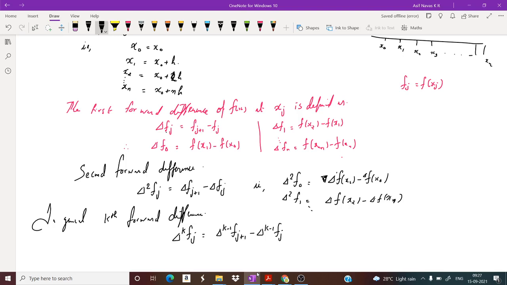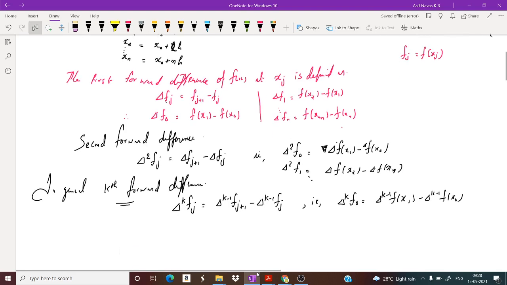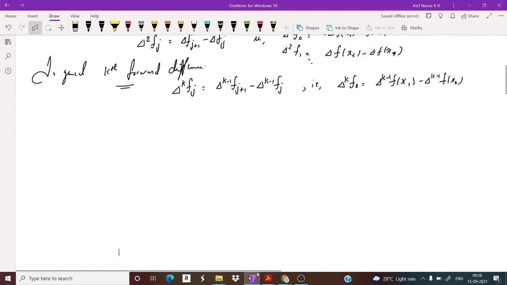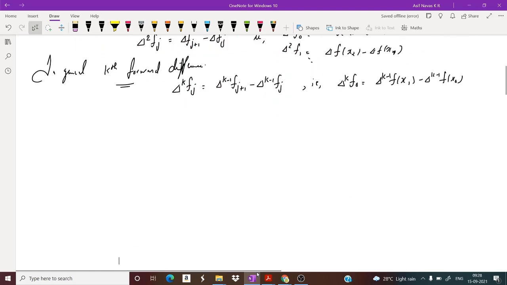So if you want to get delta power k f naught, this is delta power k minus 1 f of x1 minus delta power k minus 1 f of x0. So in general, this is a kth forward difference. Now we can easily denote it in a table.